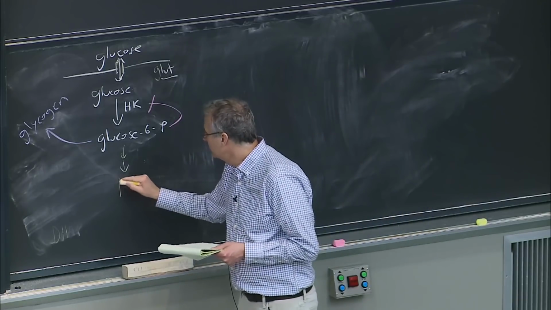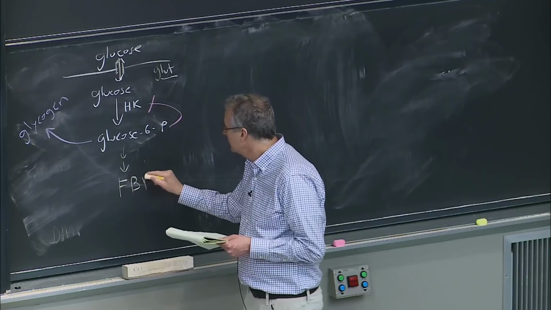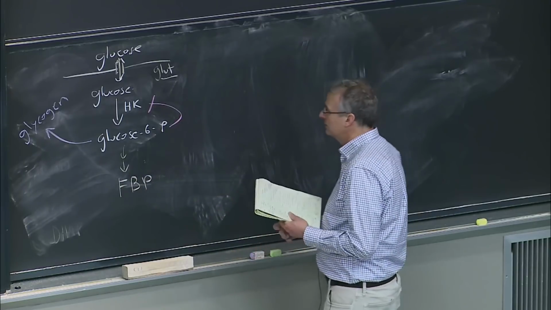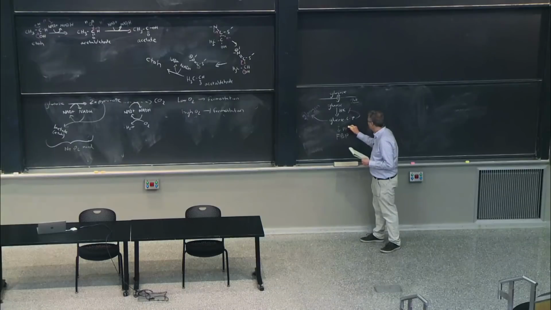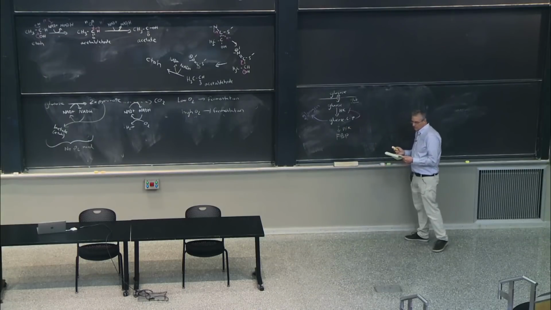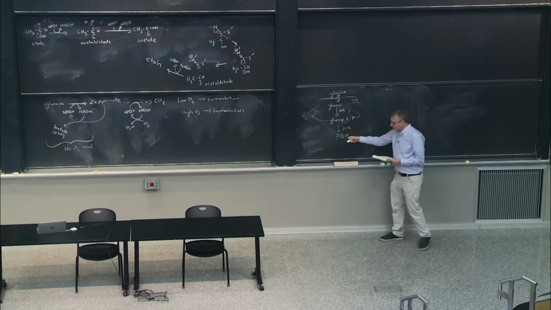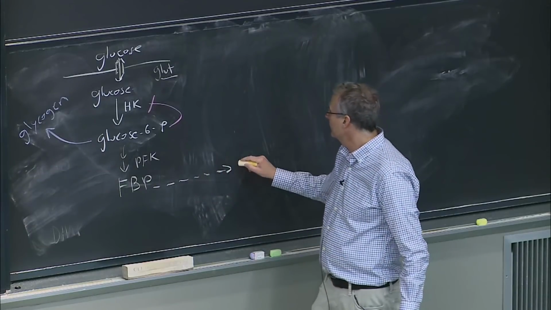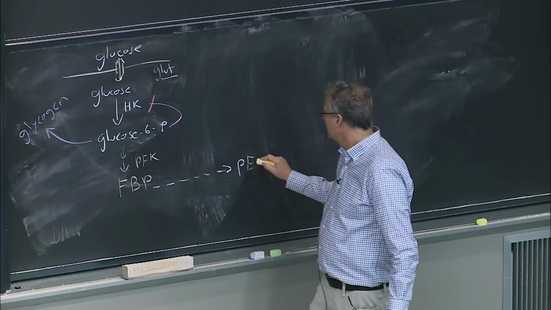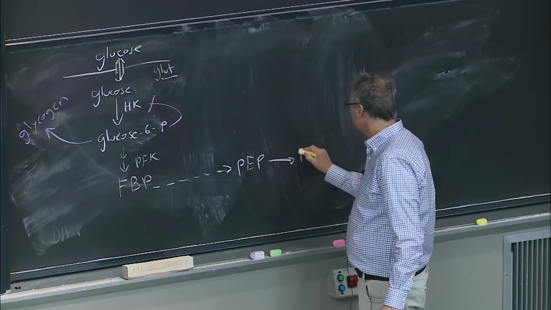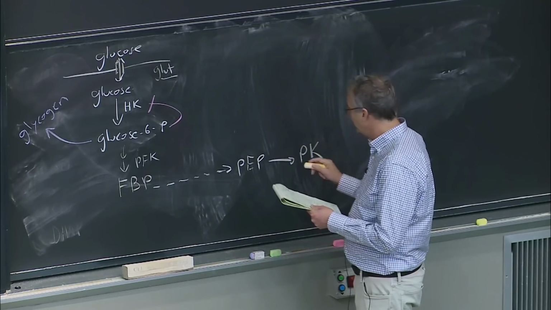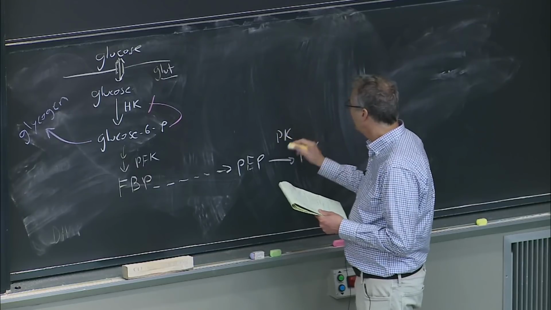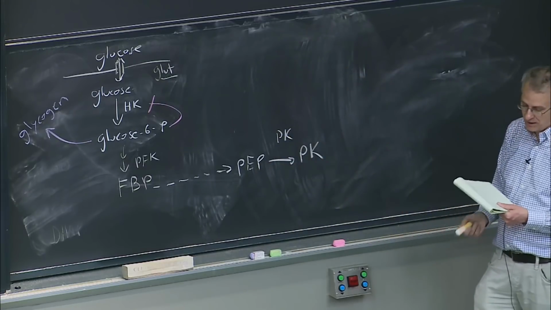The next step that's regulated is phosphofructokinase. So phosphofructokinase, of course, makes FBP. The step downstream of that that's regulated is pyruvate kinase, PEP to pyruvate.